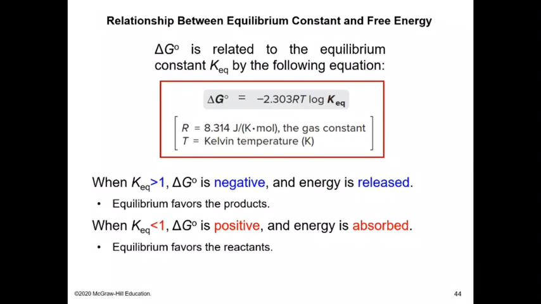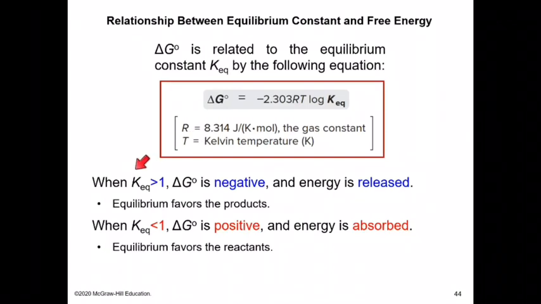So the change in Gibbs free energy is mathematically related to the equilibrium constant by this equation shown here. Delta G is equivalent to negative 2.303 times R times T times the log of the equilibrium constant, where R is the ideal gas constant and T is the temperature in kelvins.